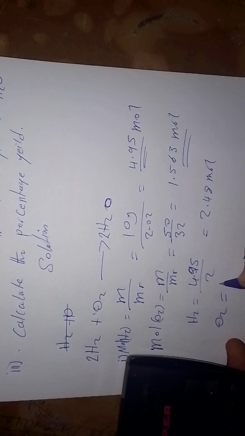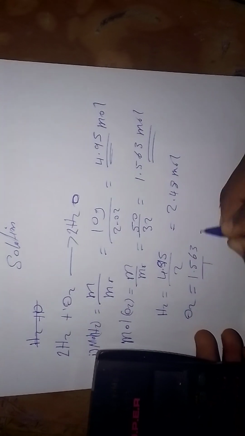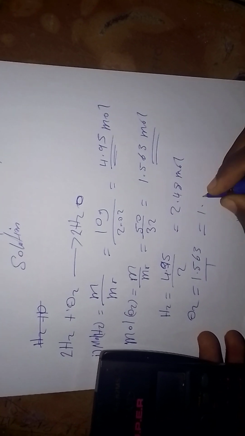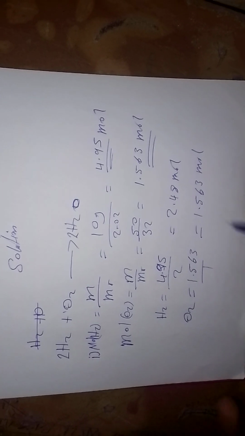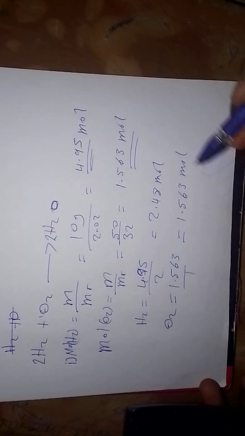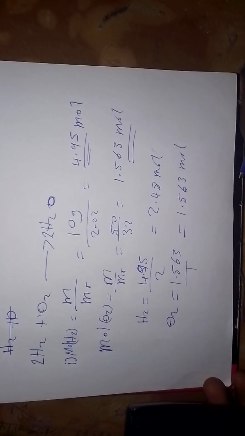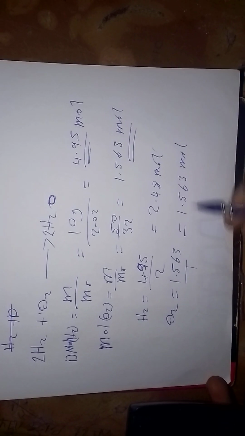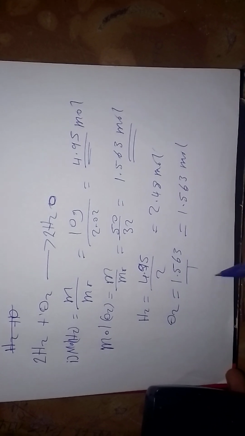We are having 1.563 over 1. It's going to give us the same moles. So according to what we have here, which one is more? You can easily tell that the moles for oxygen are small.